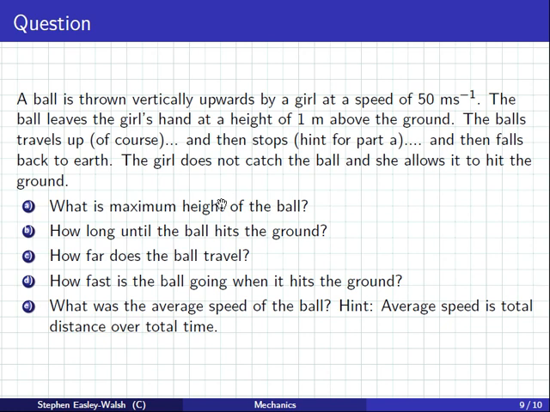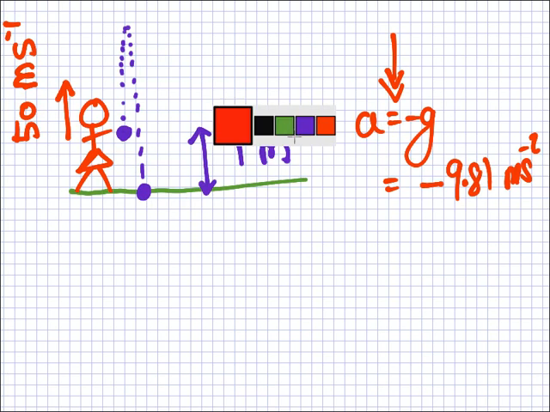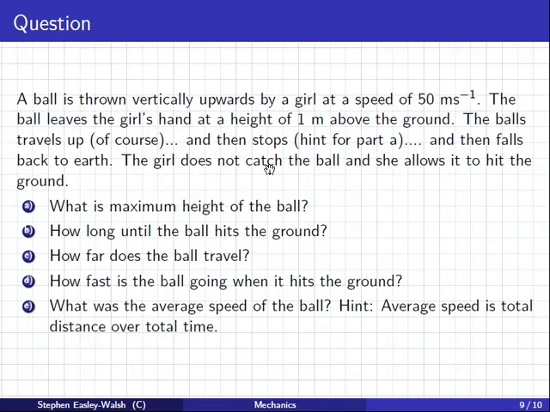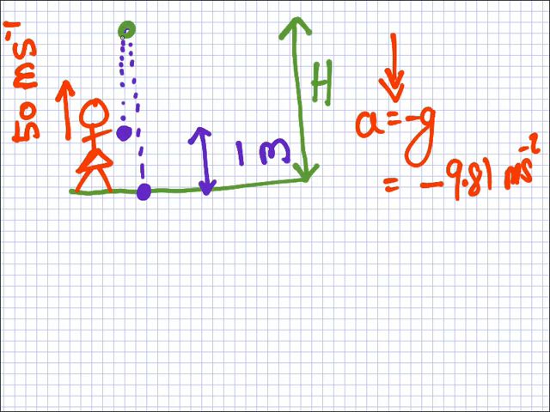The first question is the maximum height. I want to know this distance. And my hint is it stops. So the ball here is at rest at the top.